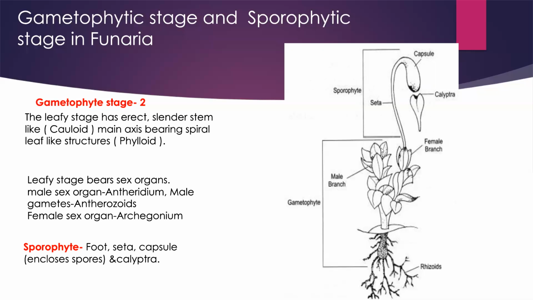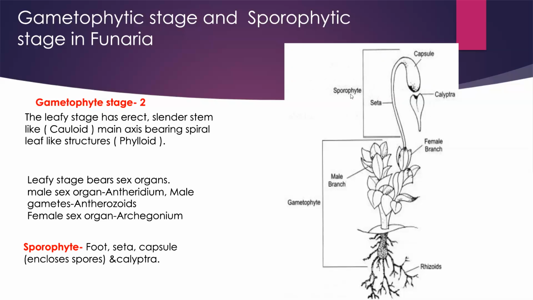And after fertilization, that means after fusion of the male gamete with the female gamete, the zygote develops. The zygote is a diploid cell which contains two sets of chromosomes. That's why from this zygote the sporophyte develops, and that's why the sporophyte is diploid. Getting my point?